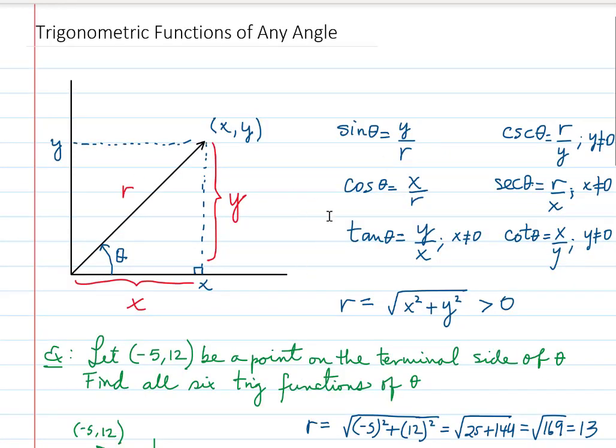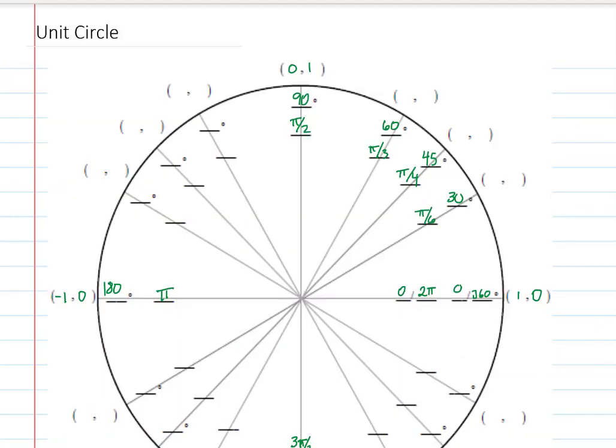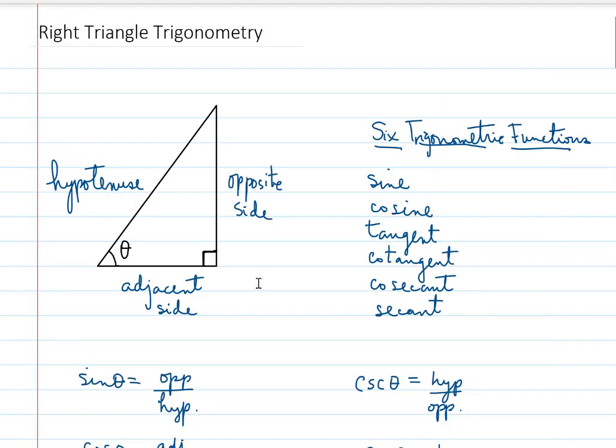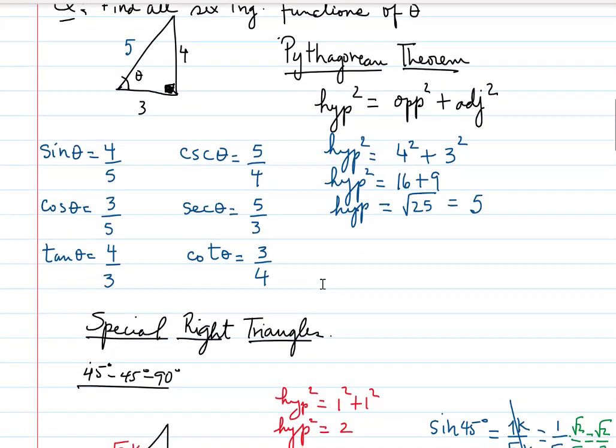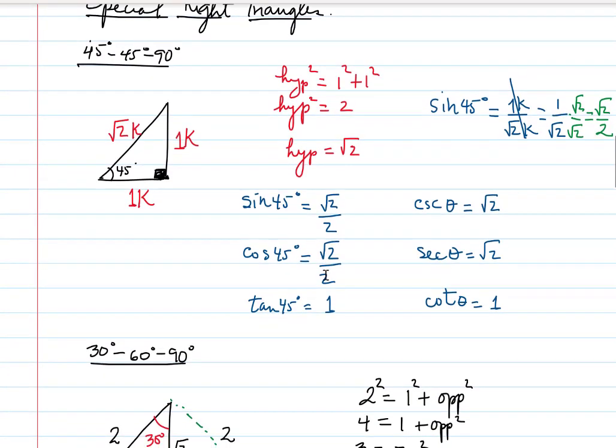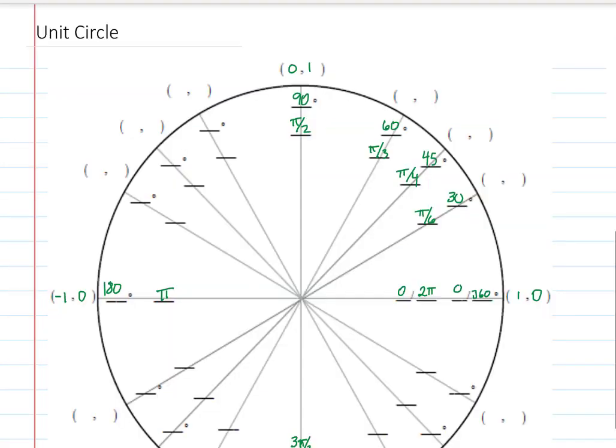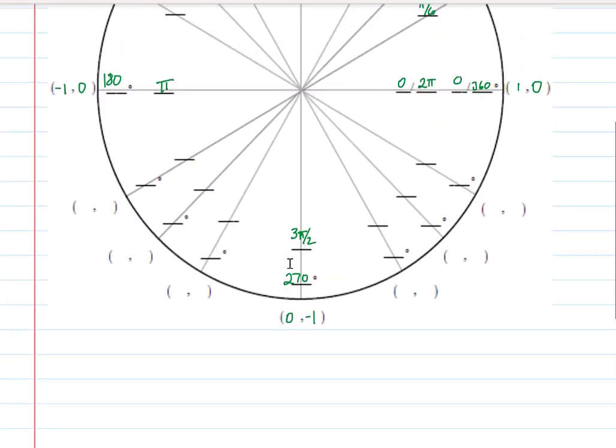So applying this definition, we can derive these ordered pairs. Notice how we derived these in that previous lesson on special right triangles.